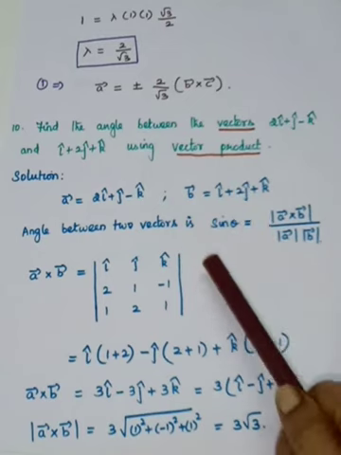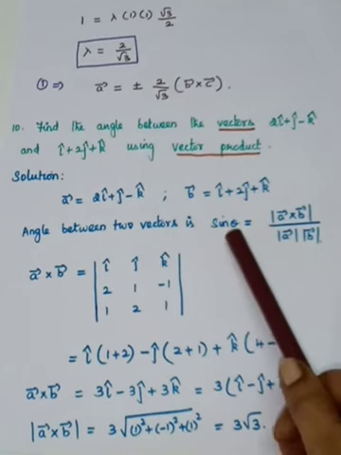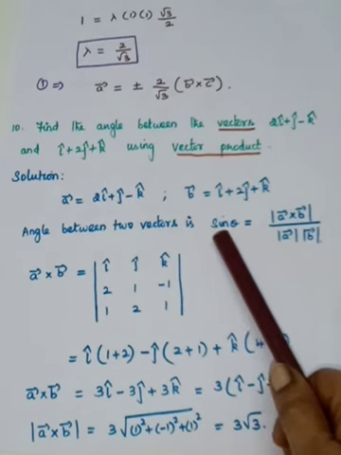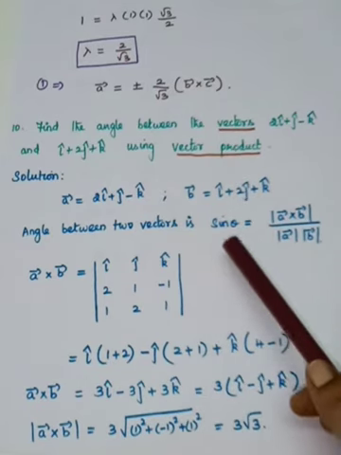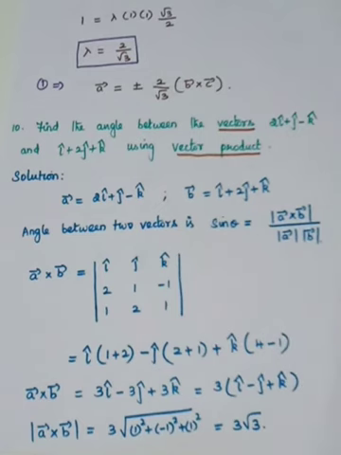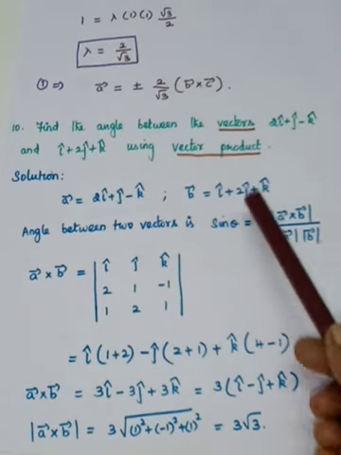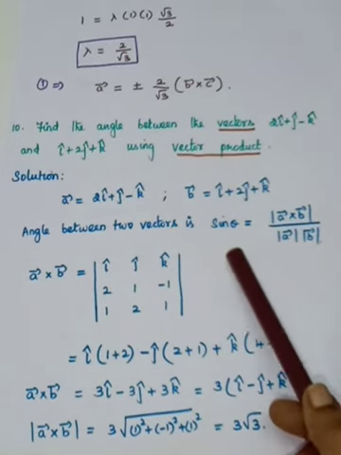So the formula to find the angle is sine theta. Why have I used sine theta? Because using vector product is given. If you find the angle between two vectors, it gives the correct angle if you use dot product. But here it is mentioned vector product, so we have to use this formula only.